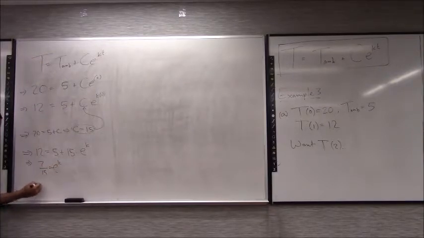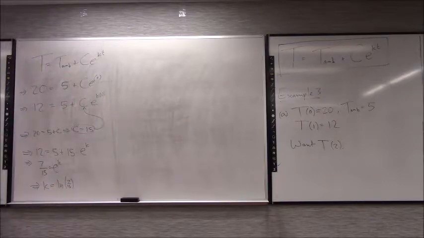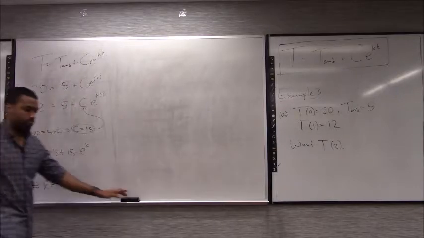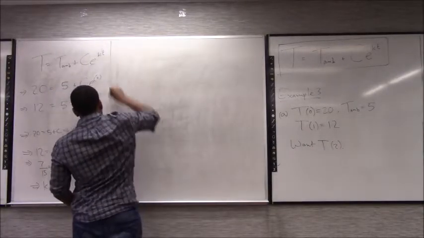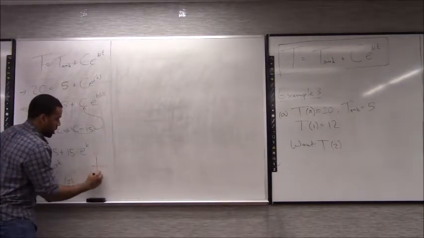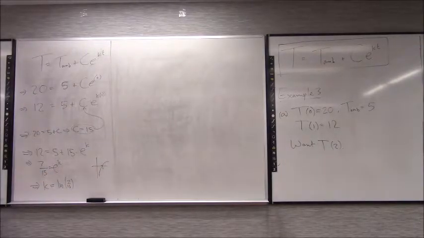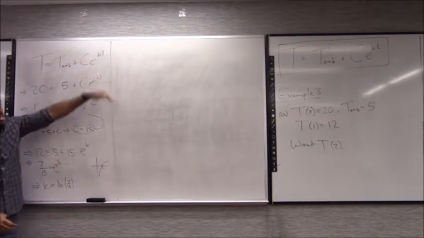And so we know that our k will actually be ln of 7 over 15. You can also notice that that's actually a negative, right? 7 over 15 is less than 1, and remember your log graph, 1 is here, so if you're less than 1, your log is actually negative. So that makes sense, because this is actually decreasing.